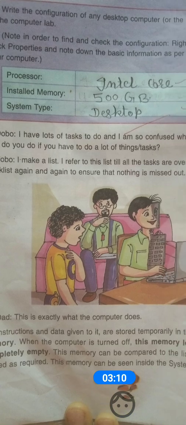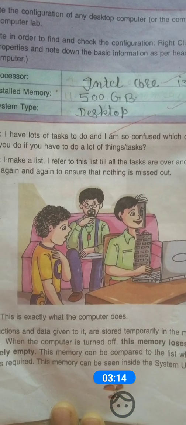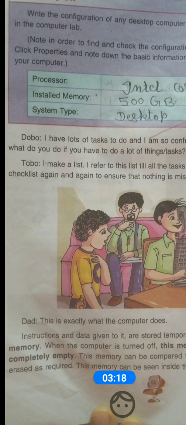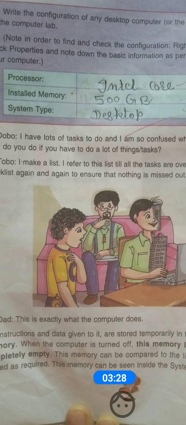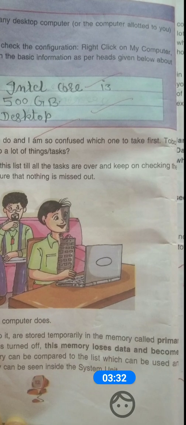This memory can be seen inside the system unit. System unit means CPU. Whatever instruction is given to the computer is stored in the primary memory. Dear students, when we switch off the computer, then this memory is completely empty and loses all the data.